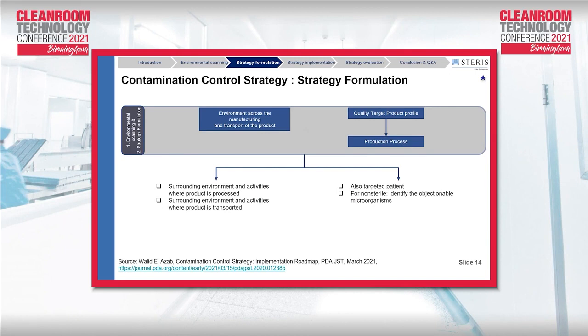The goal of the elements needed to formulate your strategy is first understanding the environment and the activity where the product is performed, and also the scope, which is very important. What is the scope of the CCS? Is it for the manufacturing process? Is it for transport of products between sites, etc.? This needs to be assessed, and this is the goal of the environmental scan.